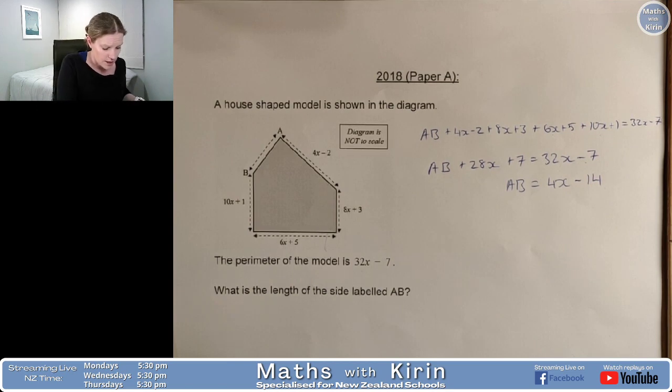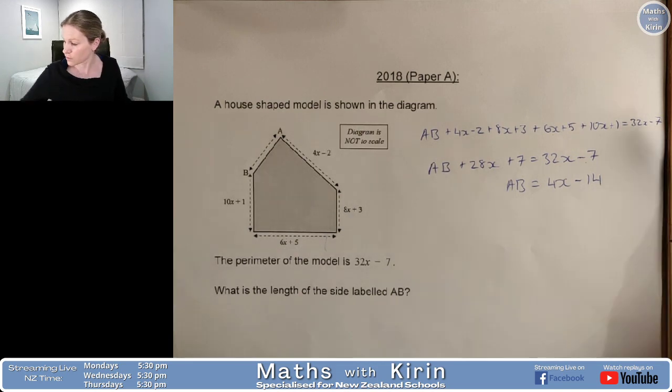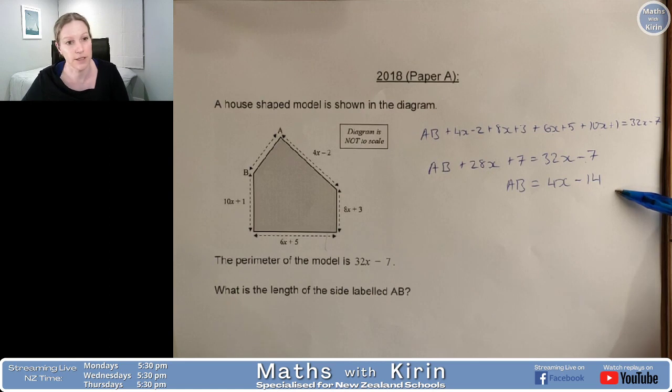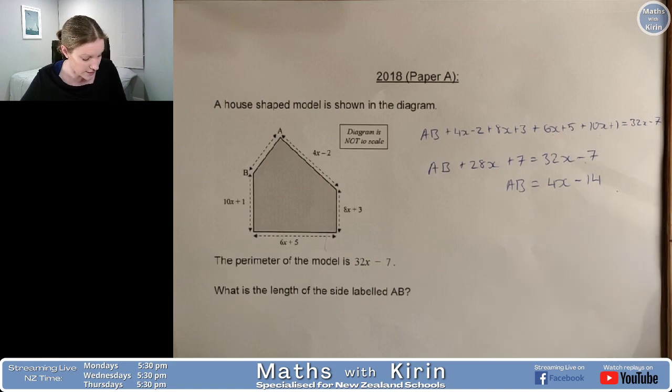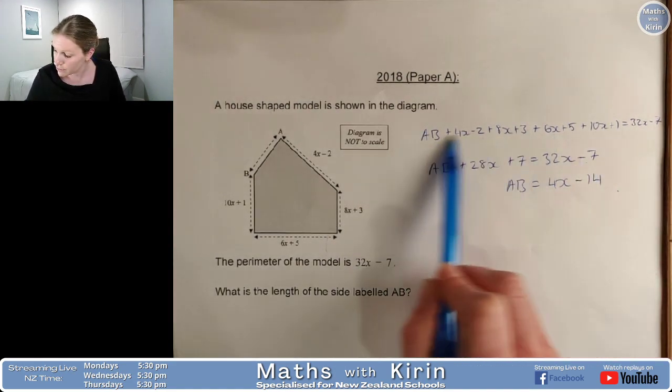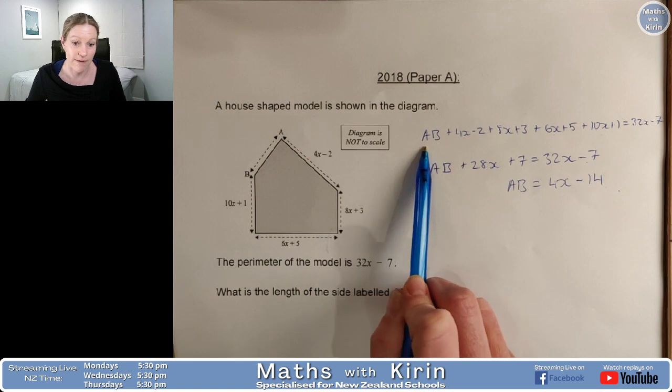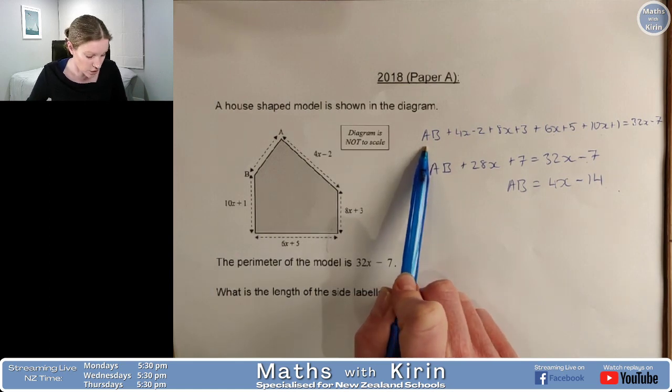So for that question, again, it's a merit. If you write out your initial equation and simplify down to AB equals 4x minus 14, that's merit. For achieved, you can establish your relationship. In this line of working, you need to make sure that you have AB in there in order to get that achieved mark.